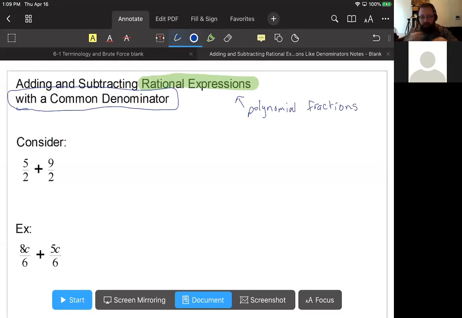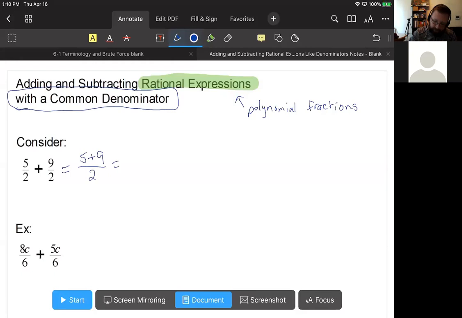Okay? So here on your screen, you'll see a, let's say, 5th grade-ish level math problem, 5 halves plus 9 halves. And when we add two fractions together, remember that essentially what we're doing is we are adding the numerators together and keeping the denominator the same. So we do 5 plus 9 over 2.